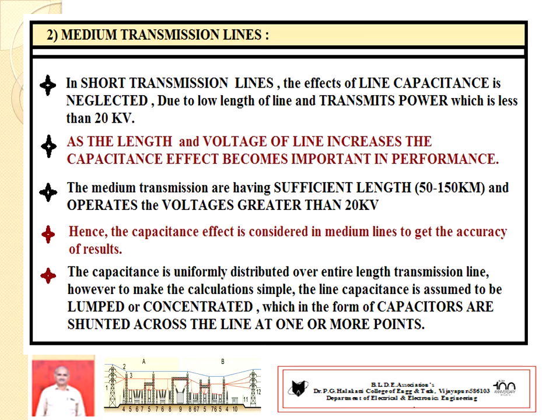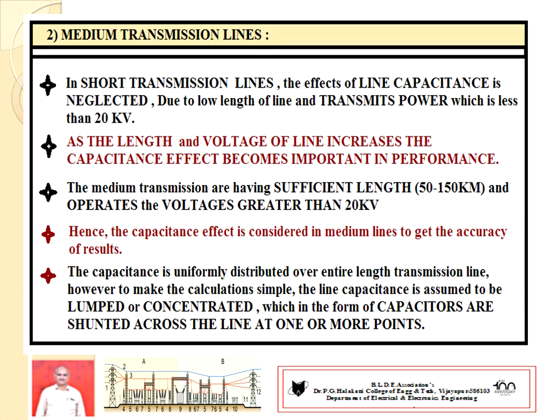However, for analysis of the transmission line, the capacitance is assumed to be concentrated at a particular point, or lumped. The capacitors are shunted between the lines at one point or more points depending upon the capacitance connection.